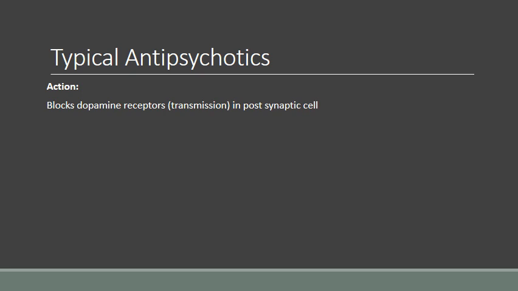Right, that these positive symptoms were due to excess of dopamine. Okay, now with the action of these typical antipsychotics, we're blocking the receptors, and this is going to decrease the amount of dopamine in the brain, which is going to decrease the psychotic symptoms, or we could say that they're targeting the positive symptoms of schizophrenia.